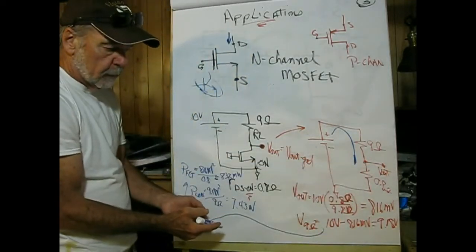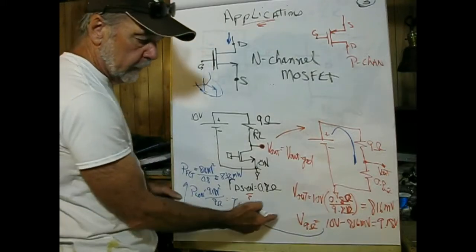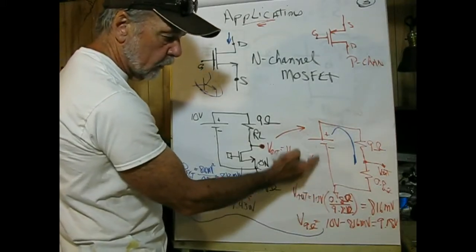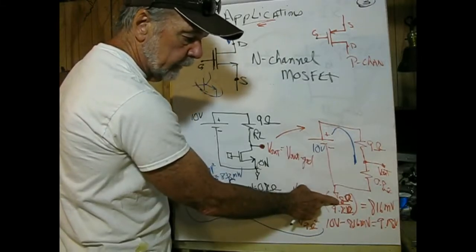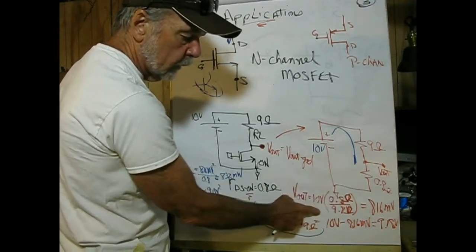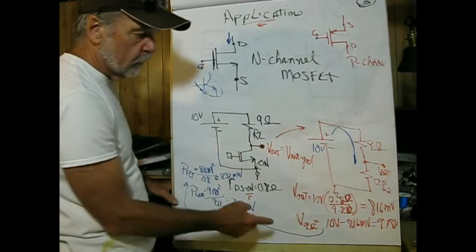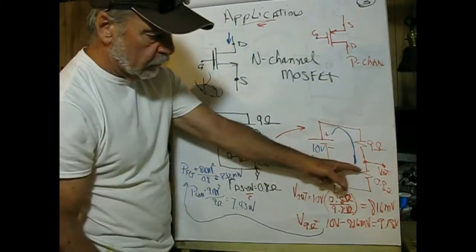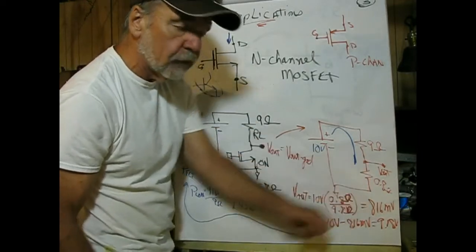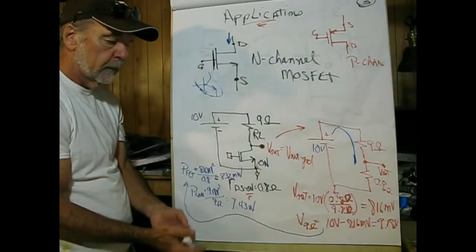We can find this by using voltage divider once again. So V out would be 10 volts, our source voltage, times RDS on, 0.8 ohms, divided by the total resistance, which would be 9.8 ohms, and that gives us a V out of 816 millivolts.